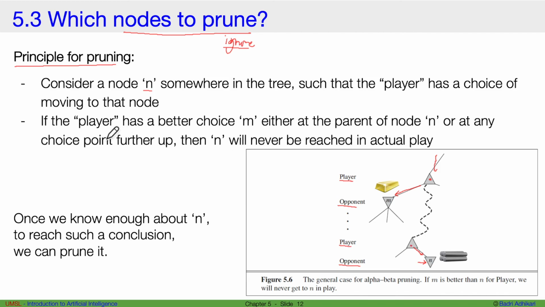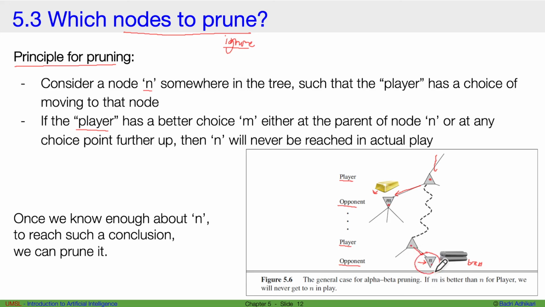The principle for pruning is that if this player has a better choice m, let's say gold, somewhere in the path of the parent or any choices further up than the parent, and if the player has a choice of going to another node n, which is slightly worse than what we had a choice of earlier, let's say this is brass, then the principle for pruning is that this player will never get to this node n.